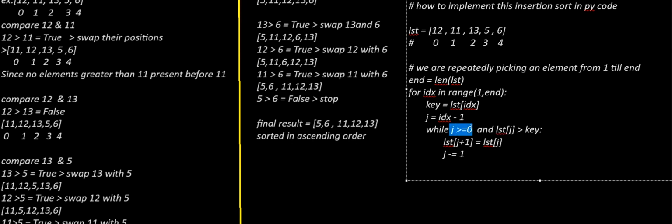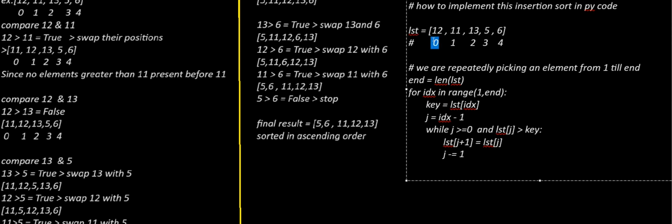If my j value is less than 0, then what will happen? My list index goes out of bounds. It will go to the left of 0. Is there any index left of it? No. Negative indexing is there in Python, but in our scenario, we don't go left.